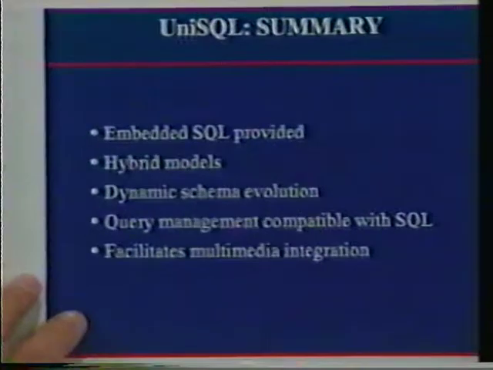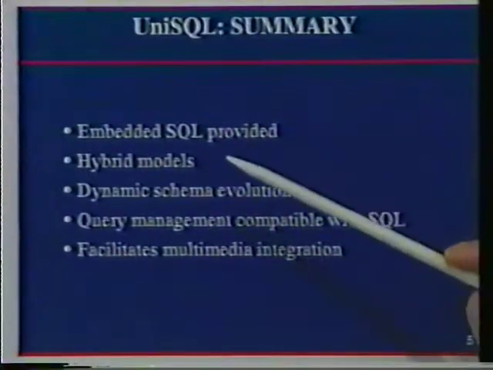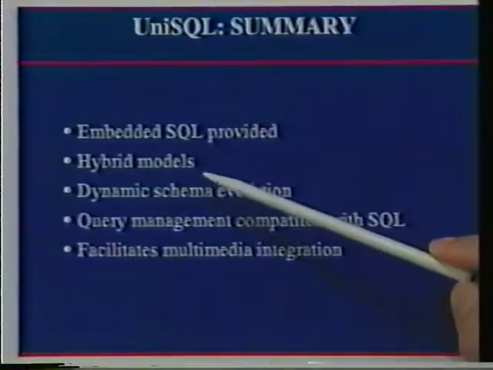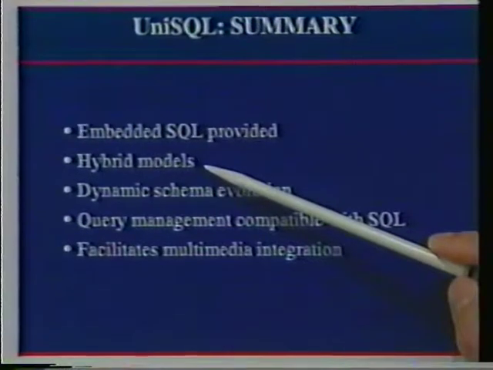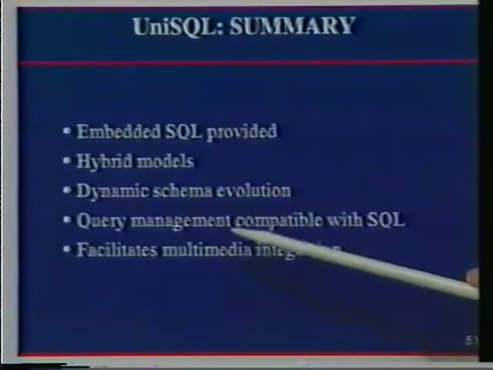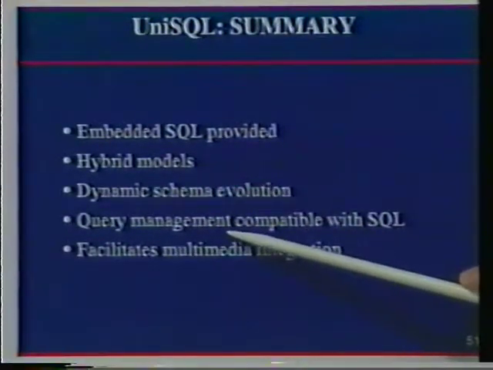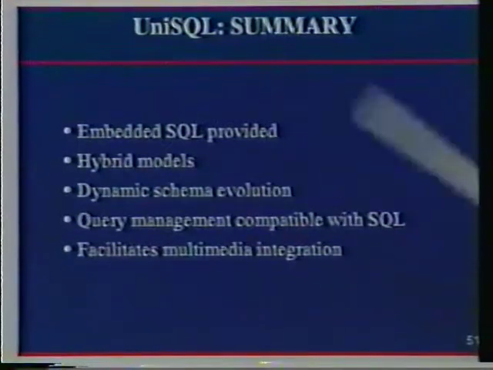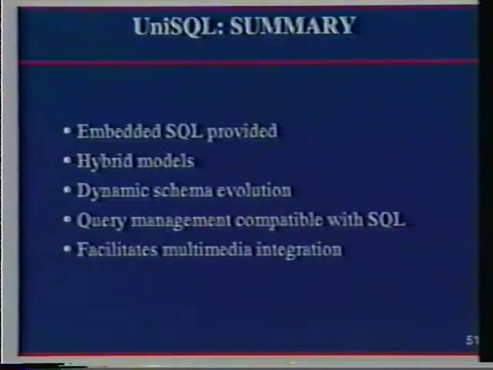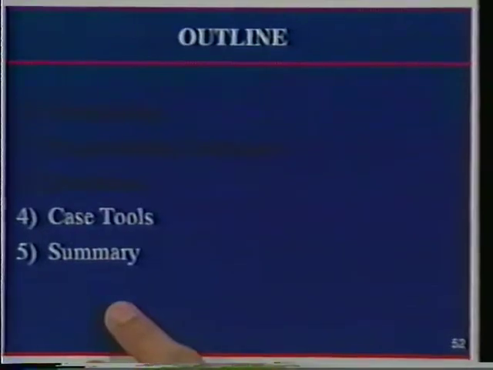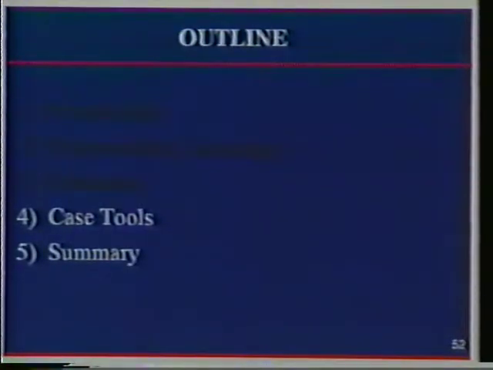So in summary, UniSQL has embedded SQL. You can do relational and object models, it provides dynamic schema evolution, has a query management which is compatible with SQL, and it facilitates multimedia integration. And finally, I will spend about 30 seconds on CASE tools.